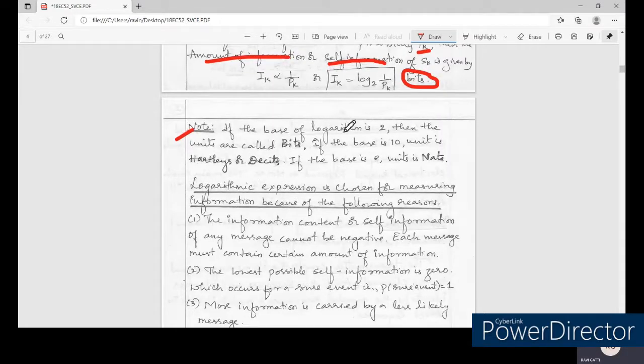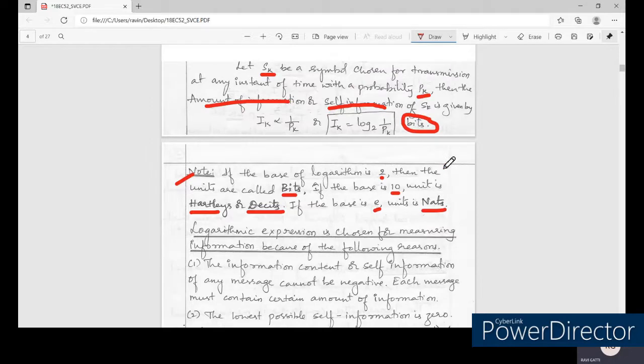If the logarithmic base is 2, then the self-information is in bits. If you are representing it in base 10, then that information is called a Hartley or a decit. If it is represented in terms of natural log e, then it is called nats.